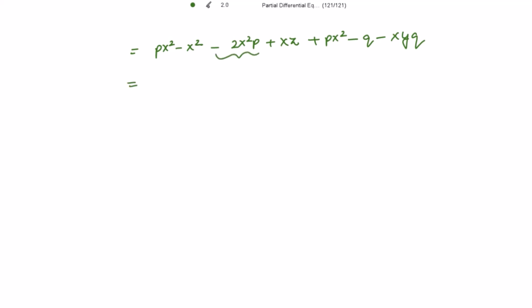So this is minus 2x square p, and we have px square and px square, so this totally cancels out. And we have here xz minus x square minus q minus xyq. Let me take x common from the first and the last term.